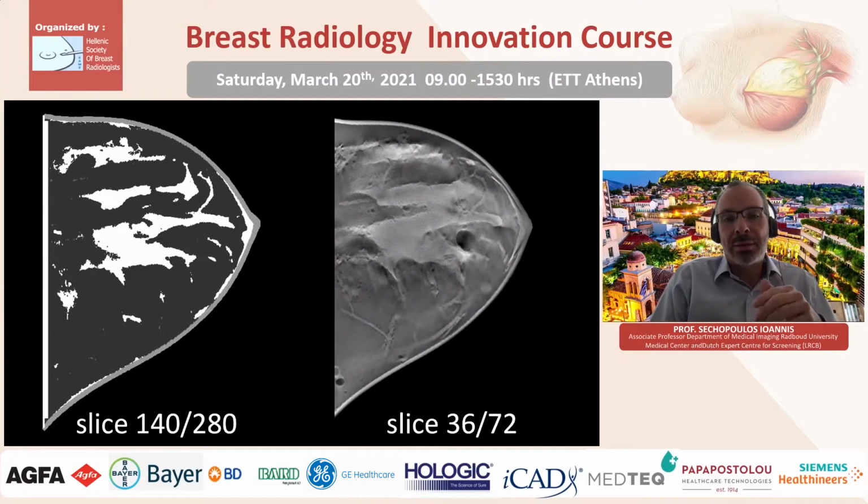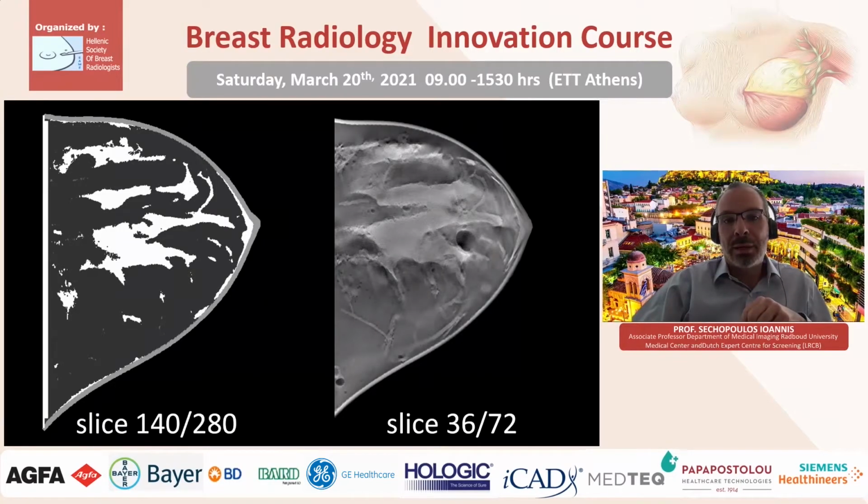On the right, you see the central slice of a tomo image of that phantom. And you can see that there's a lot of tissue represented in this tomo slice that you don't see in the central slice of the phantom.